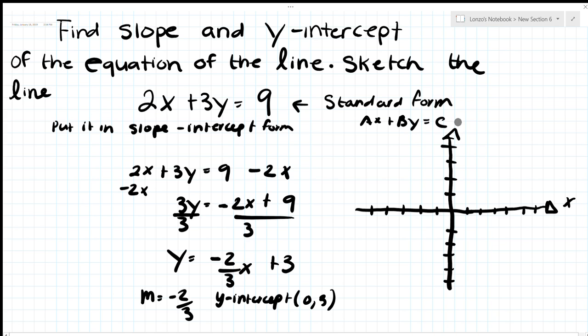This is our x-axis, this is my y-axis. So let's start with the y-intercept at (0, 3). So (0, 3) is right here.